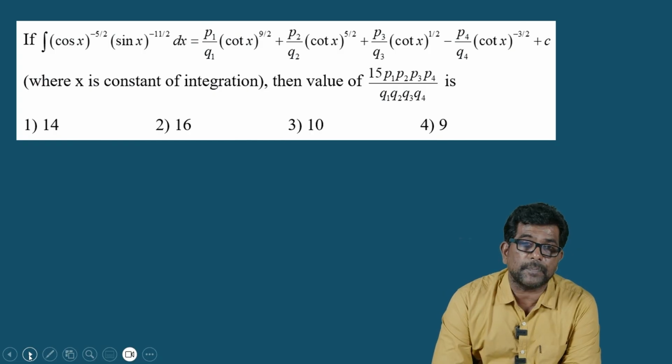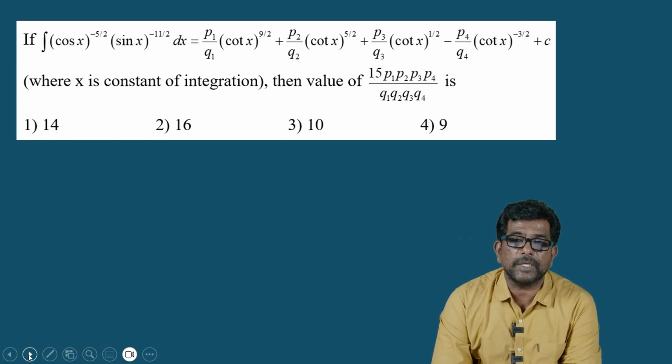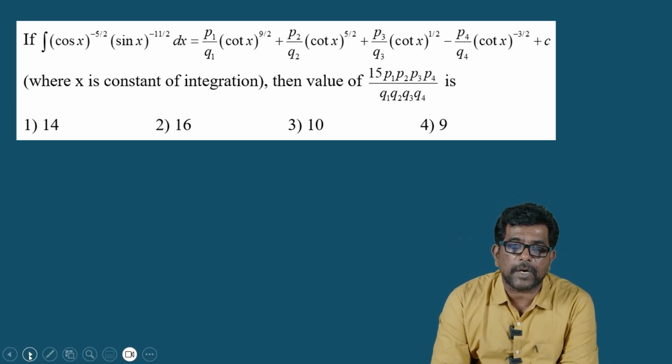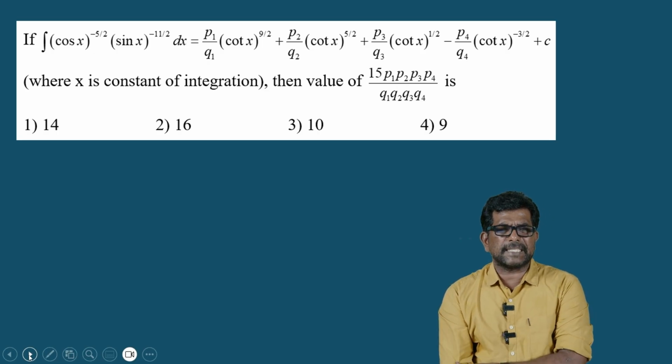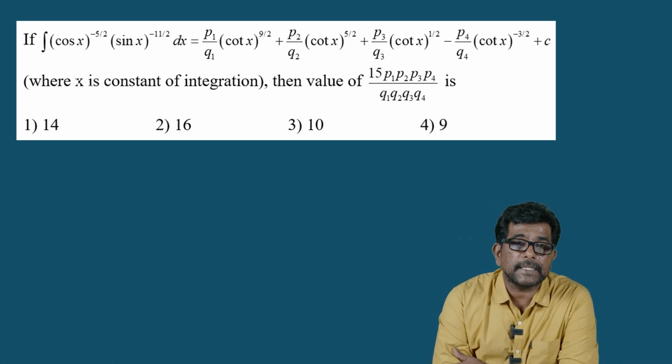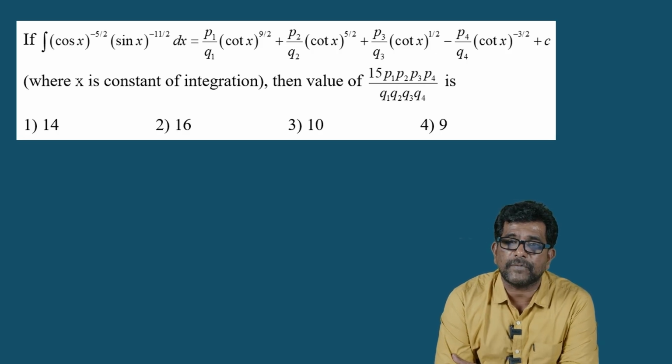Integral of cos x whole to the power of minus 5 by 2 into sin x whole to the power of minus 11 by 2 dx is equal to p1 upon q1 into cot x whole to the power of 9 by 2 plus p2 upon q2 into cot x whole to the power of 5 by 2 plus p3 upon q3 into cot x whole to the power of 1 by 2 minus p4 upon q4 cot x whole to the power of minus 3 by 2 plus c, where c is the constant of integration. Then find the value of 15 times p1 p2 p3 p4 upon q1 q2 q3 q4.